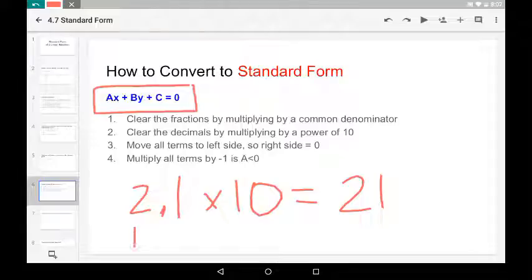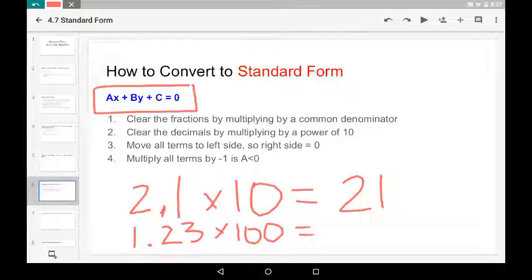If it was something like 1.23, where you have 2 numbers after the decimal, you would multiply by 100 so that the decimal goes away, and you end up with a bigger number, 123. So just look at how many decimal places you have. If there's something with 1 decimal, multiply by 10. If there's something with 2 decimal places, multiply by 100, and so on.